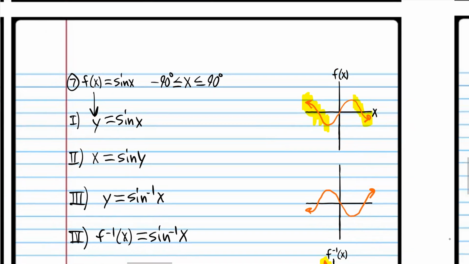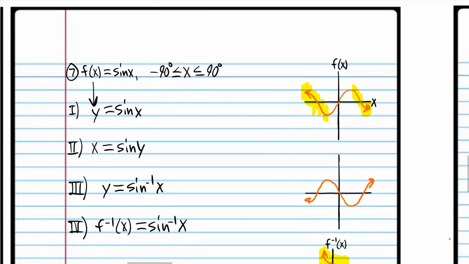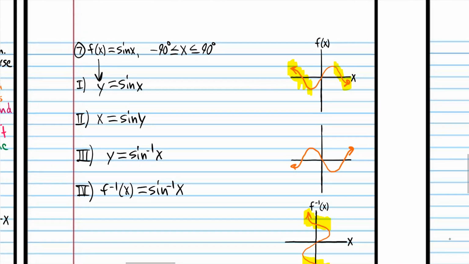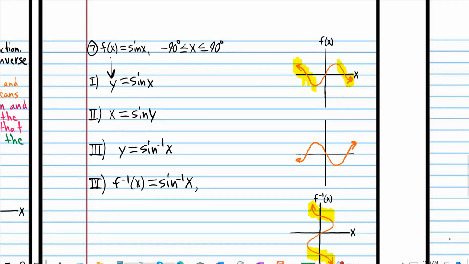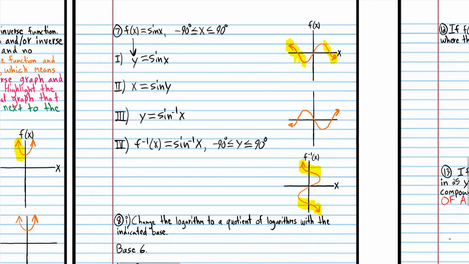That's typically the way that it's done. And we're going to put a comma there. And you know, just to be thorough, we could say y has to be between negative 90 and 90 degrees. Now remember, with the inverse function, the y values are angles. I know that's kind of weird to think about, but the y values are actually angles.